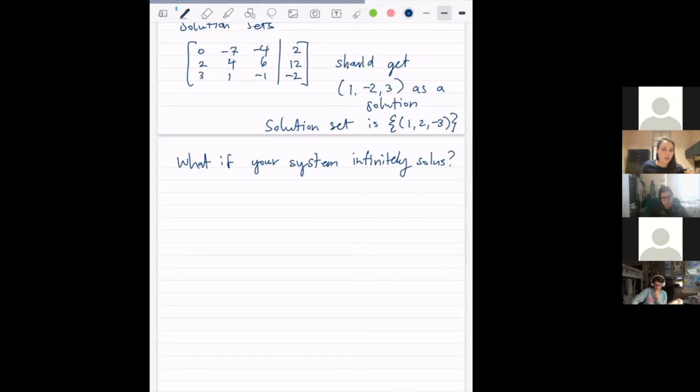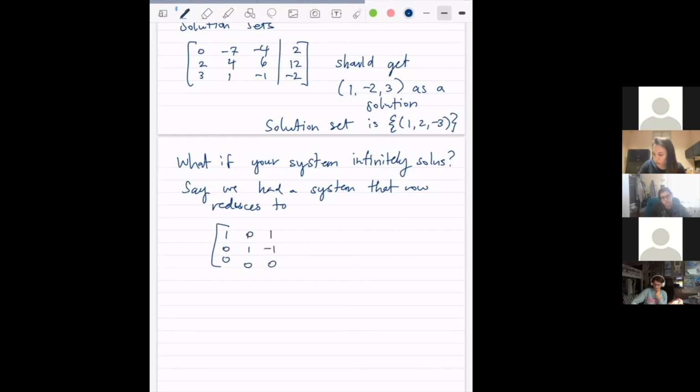Okay, so for example, if we had a system that row reduces to something like this: 1, 0, 1, -4 / 0, 1, -1, -1 / 0, 0, 0, 0, like that.